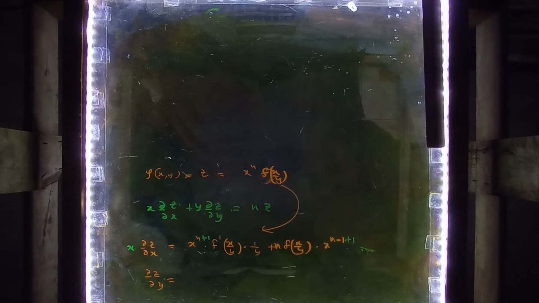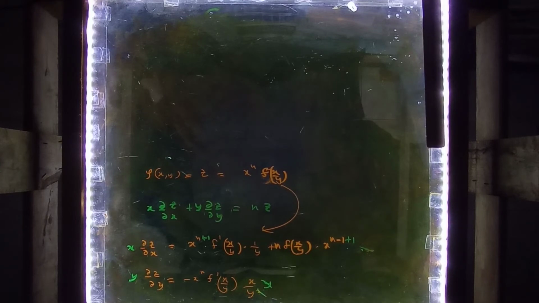Then x to the power n times f prime of x upon y, this is just a constant, and this also is a constant. It becomes minus 1 upon y squared, right? So that's all. We need to multiply both sides by y.